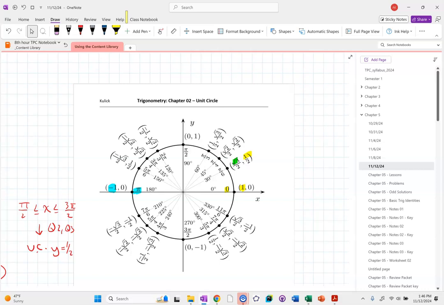So I saw what I kind of needed, but I didn't have it over 2 in my answer, right? So to make it that way, I just multiplied the top and bottom by 1/2. So I could make the fraction be the y over x that I saw in the unit circle.